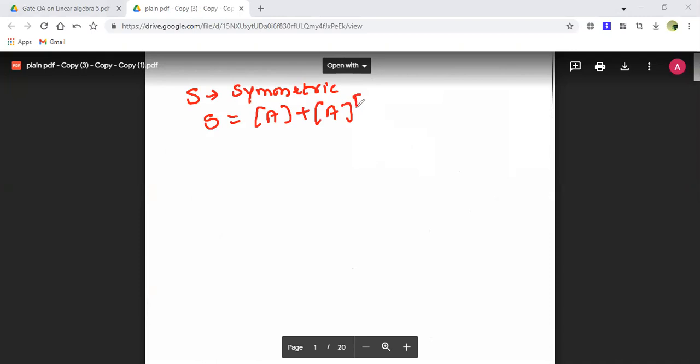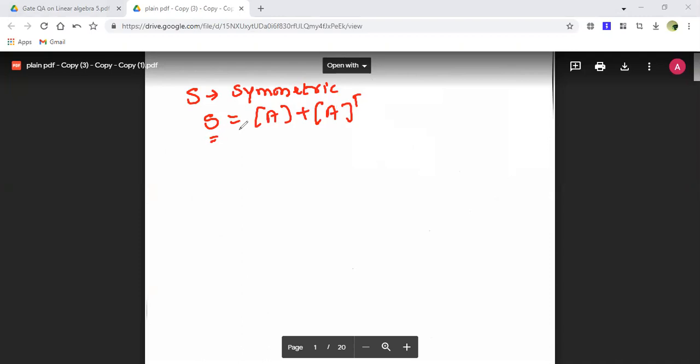A very important property: if S is a symmetric matrix, in general, then S can be written as matrix A plus its transpose. When A is a matrix you are having and it can be expressed as A plus A transpose, then S is symmetric.